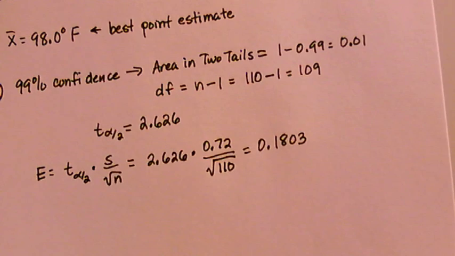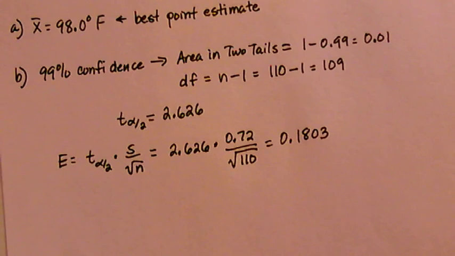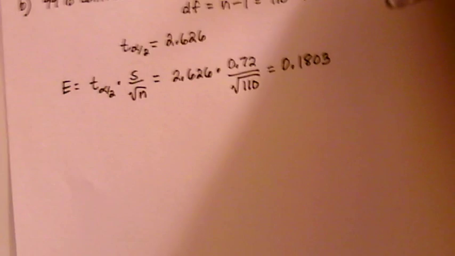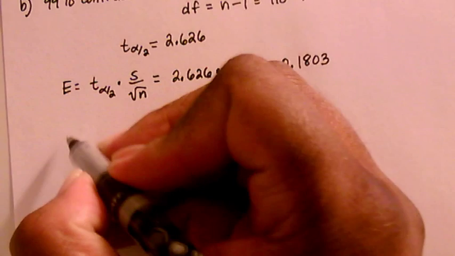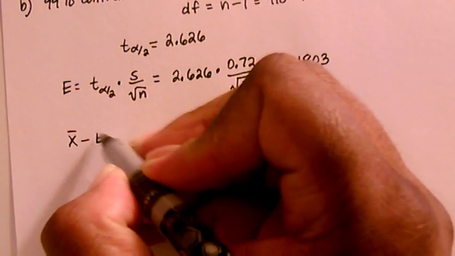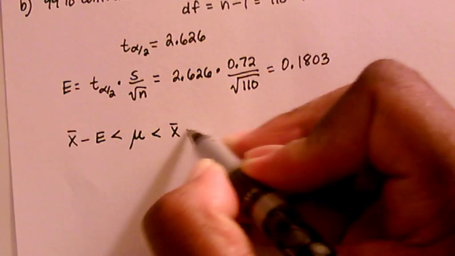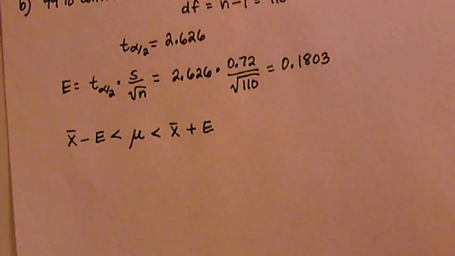We know what x bar is. So now all we need to do there is just construct our confidence interval from here. And that's going to be your x bar minus e, that's less than mu, and less than x bar plus e.